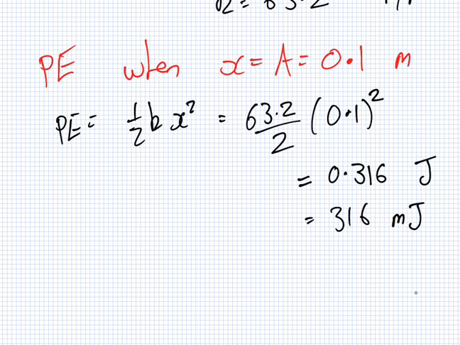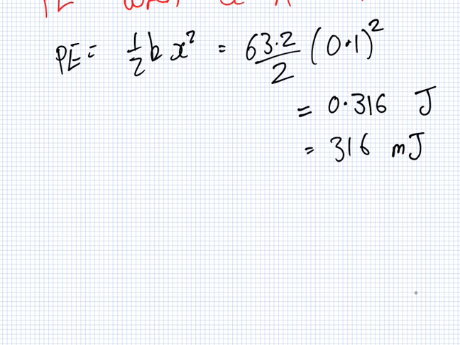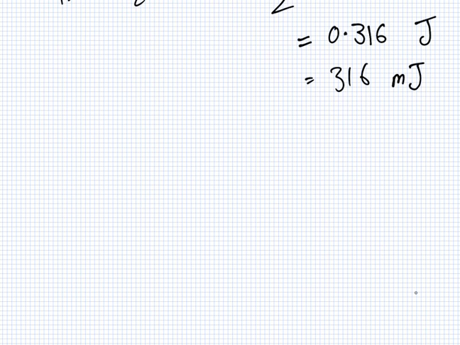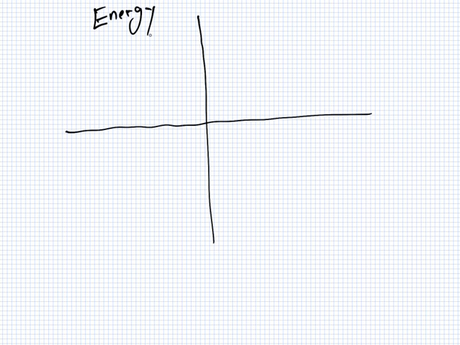In the exam, they like you to draw the graph of the potential and the kinetic energy on the same graph. So let's look at this here. Here's our graph. So here is the energy, and here's the time.